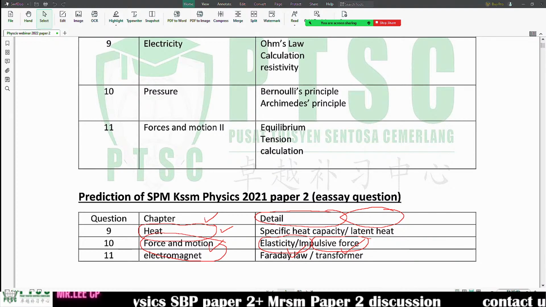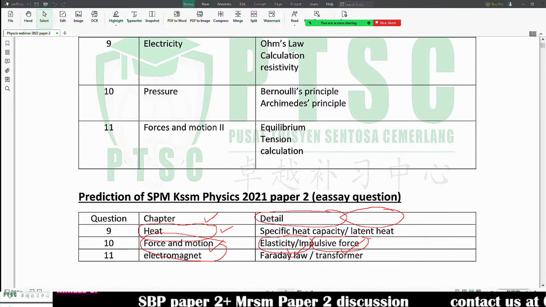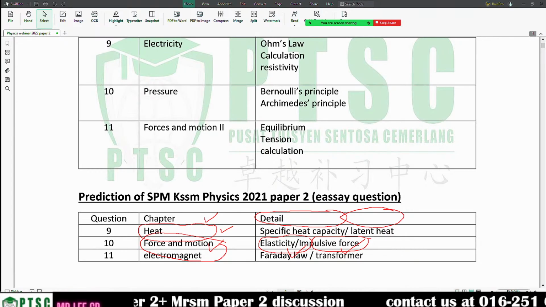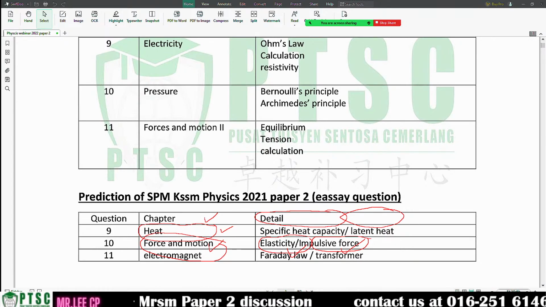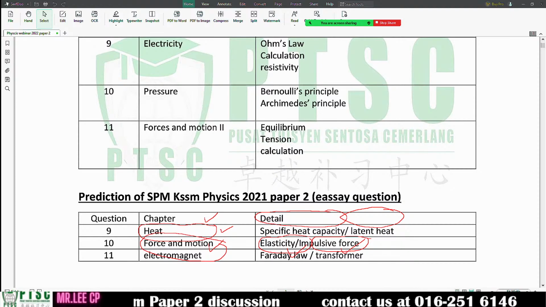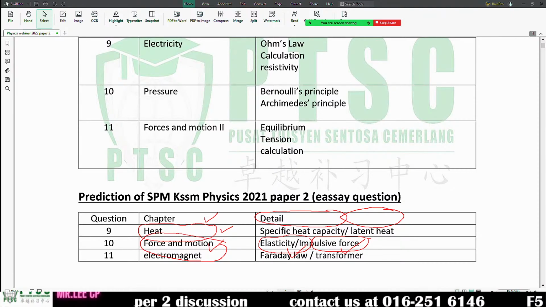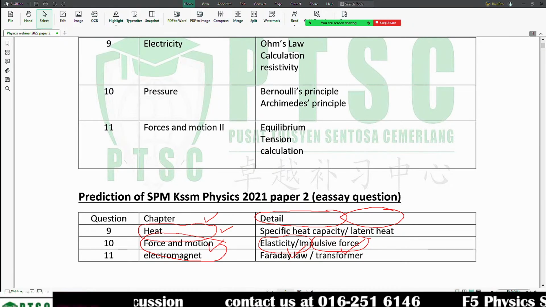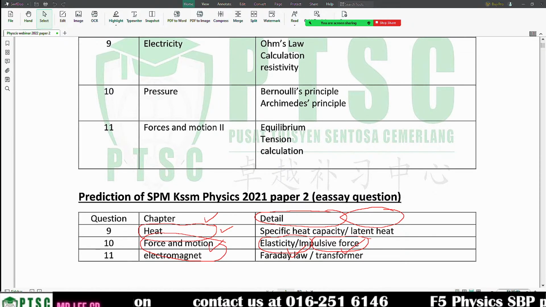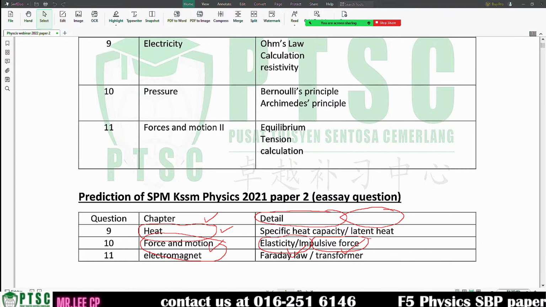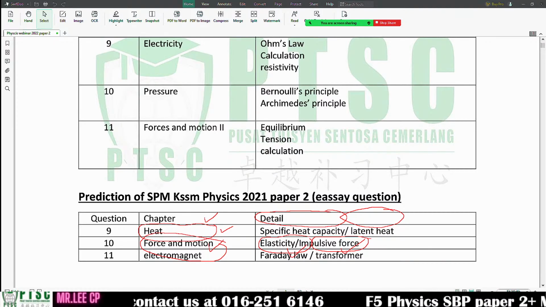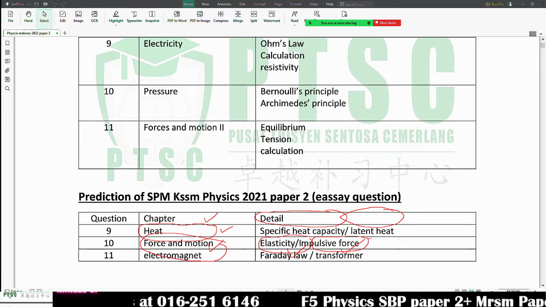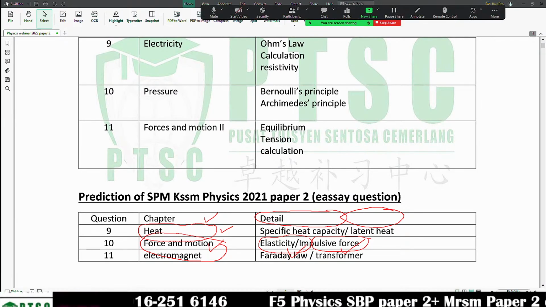If you really cannot, then you ask me. I'll give you hints. The SBP paper, do it again and again. If you cannot do it the first time, do it a second time, until you can score 90 marks, until you can correct yourself and get 92, 98 marks, then you will know what I'm talking about. I've made it very clear. Okay, any other question that you want to ask before I end the class?